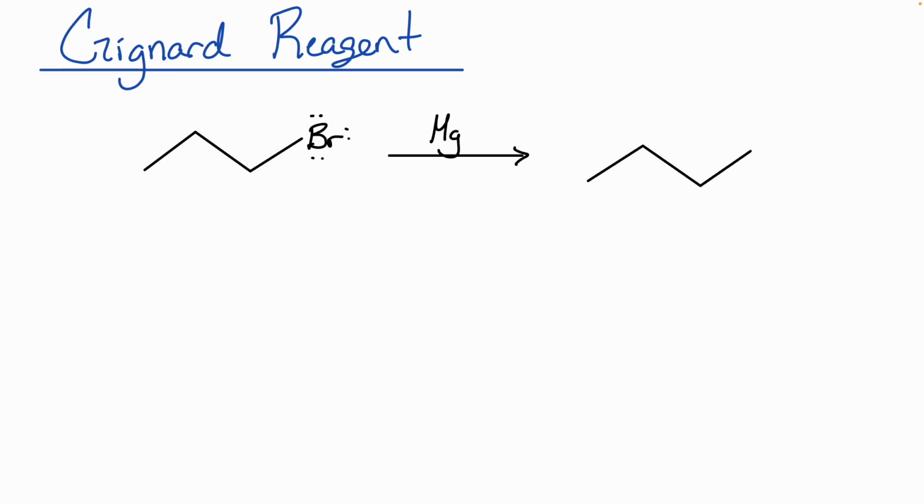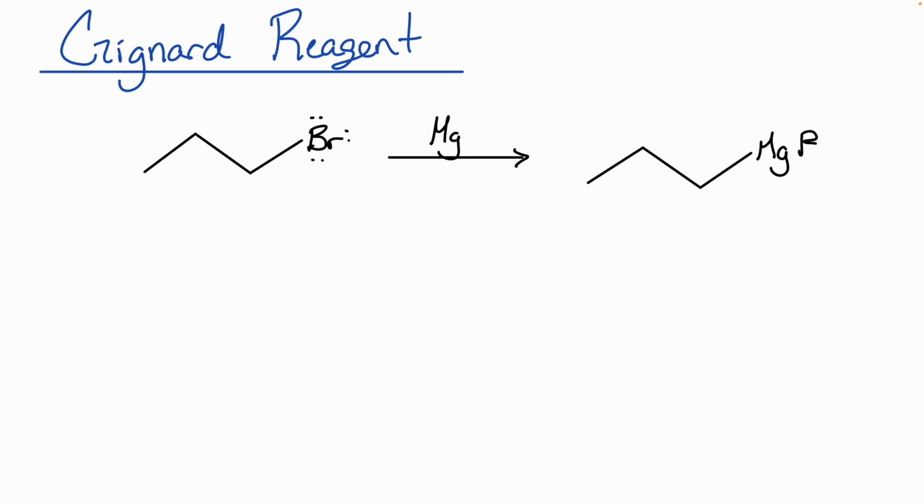Now we'll have magnesium and then our halogen. And this thing over here is what we call a Grignard reagent.